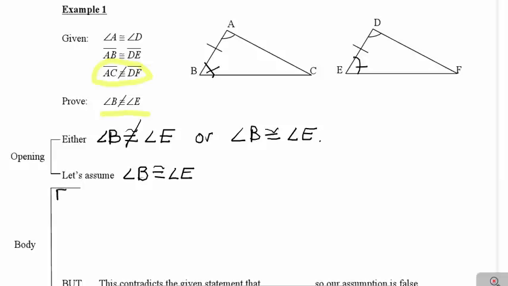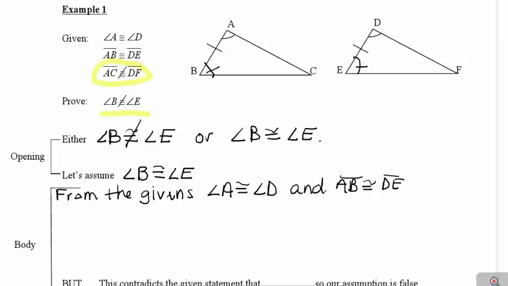So from the givens, angle A is congruent to angle D, and segment AB is congruent to segment DE. And now looking at the diagram, we can prove these two triangles are congruent by angle side angle. So, triangle ABC is congruent to triangle DEF by angle side angle.